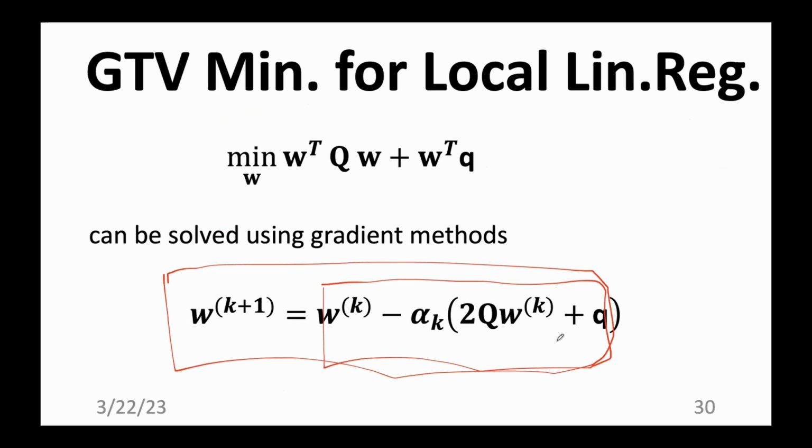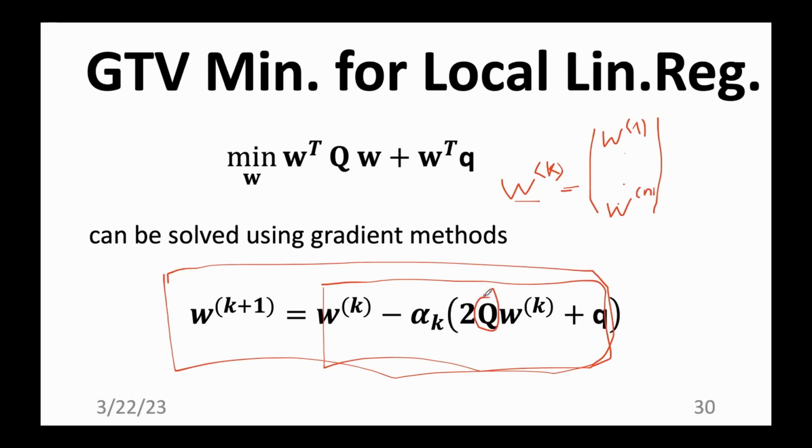So this seems nice. What is a bit hidden in this notation is that the iterates are stacked vectors. They consist of the weights at the first node until the weights at the last node. So we stack the weight vectors, the local model parameters, over all nodes into one vector. And this matrix Q has a specific structure.